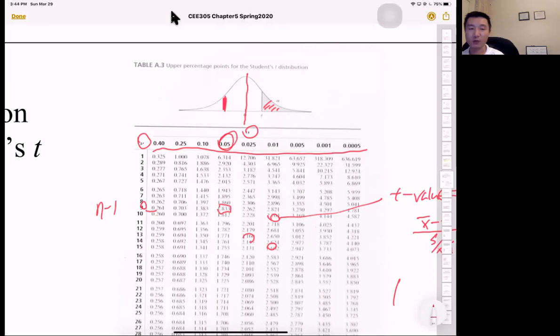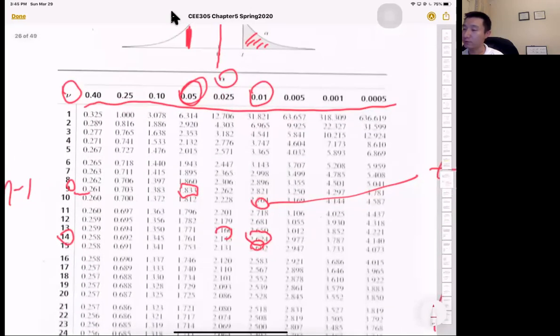of 0.01. So what we're going to do is we first look down the column headed with 0.01. Okay, 0.01 is here. And also for degree of freedom of 14, the 14 is here. So from there, we have the t value of 2.624 for 0.01 probability and degree of freedom of 14. So that is 2.624.